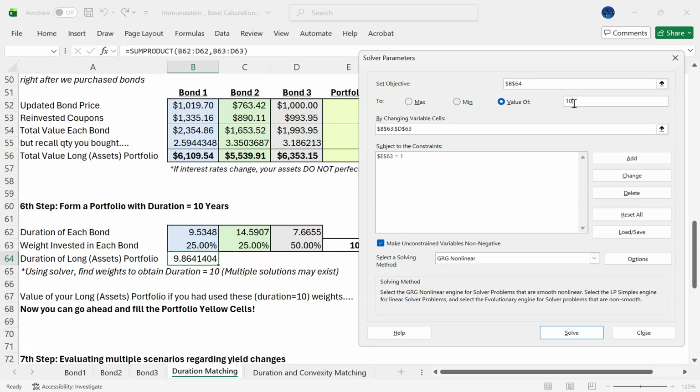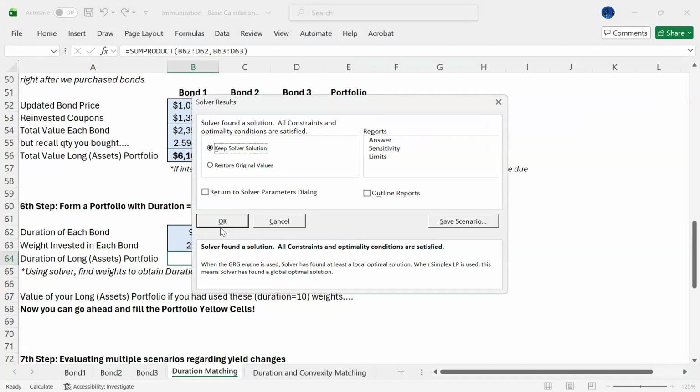So set the objective to the value of 10 by changing the weights, by changing B63 colon D63, subject to a couple of constraints. The first constraint is that all of the weights have to be equal to 1. So this cell E63 is equal to 1. And I am going to choose make unconstrained variables non-negative, so I do not end up with negative weights, but that is up to you. Then I solve, and there is a solution.